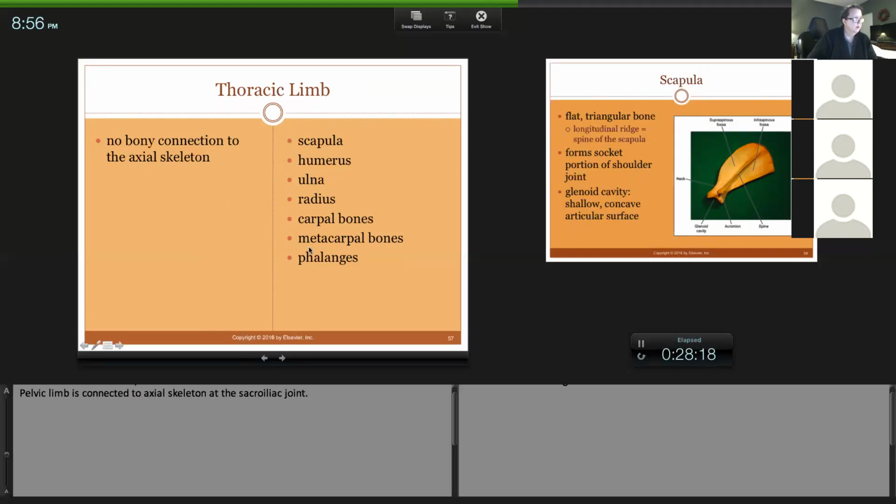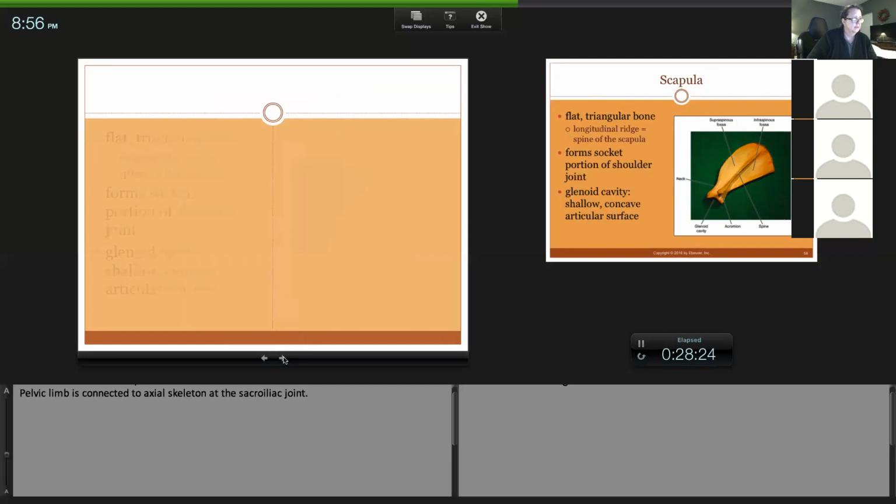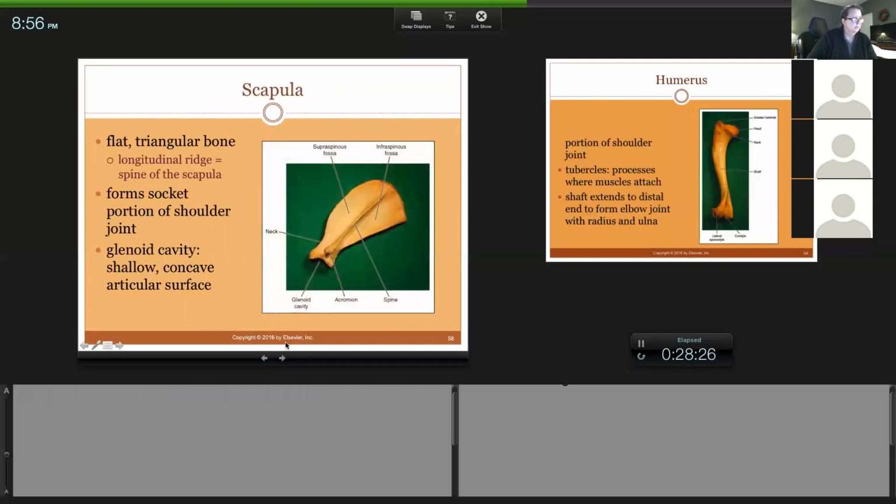Okay, so here are the bones of the thoracic limb, which are all on the skeleton. Spine of the scapula, and again, this is the fossa, which is that divot where the muscles of the shoulder connect, and then the spine of the scapula for muscle attachment.